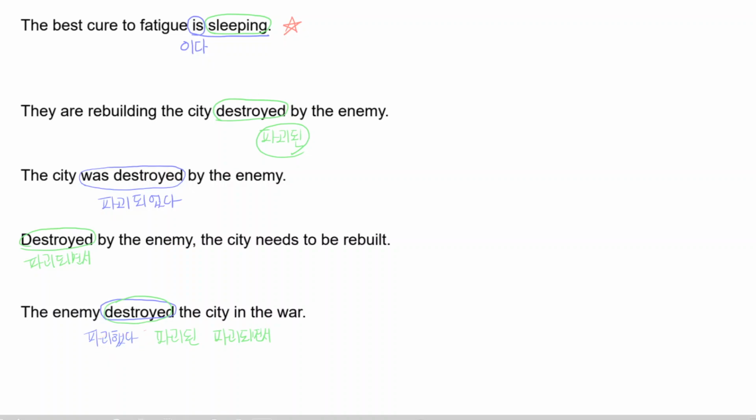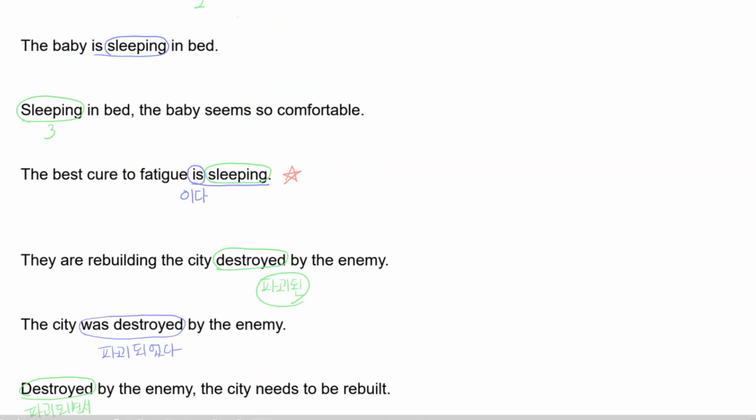Okay, so let's erase the rest of it. But at this time, we have the noun that follows. So it should be marked like this. 적은 도시를 파괴했다. 전쟁에서. Okay.